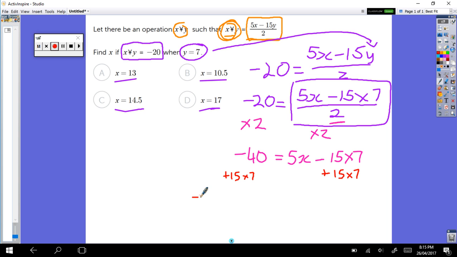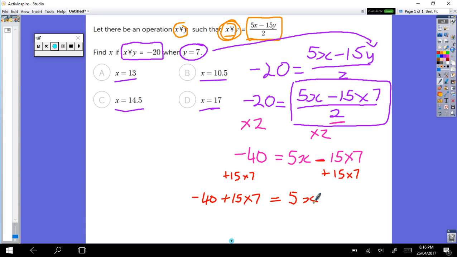We do that to both sides. If you've got a minus sign over here, you've got to do the opposite, which is adding it, because that'll make it balance out. So now we've got minus 40 plus 15 lots of 7 equals 5 lots of x.